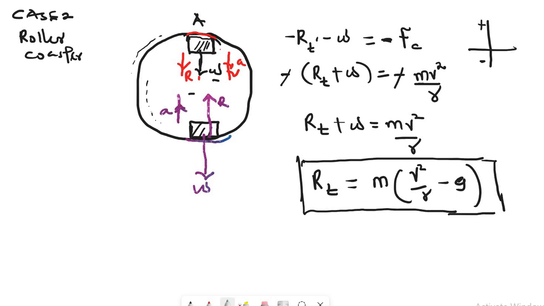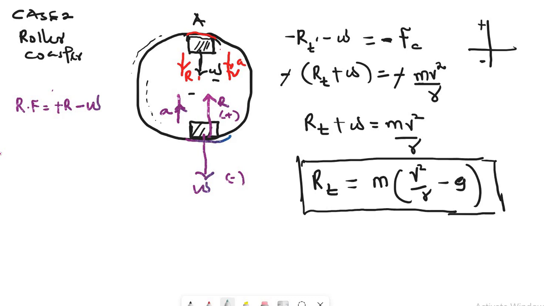So the normal reaction is positive, weight is negative, and the resultant force will be plus R minus weight.